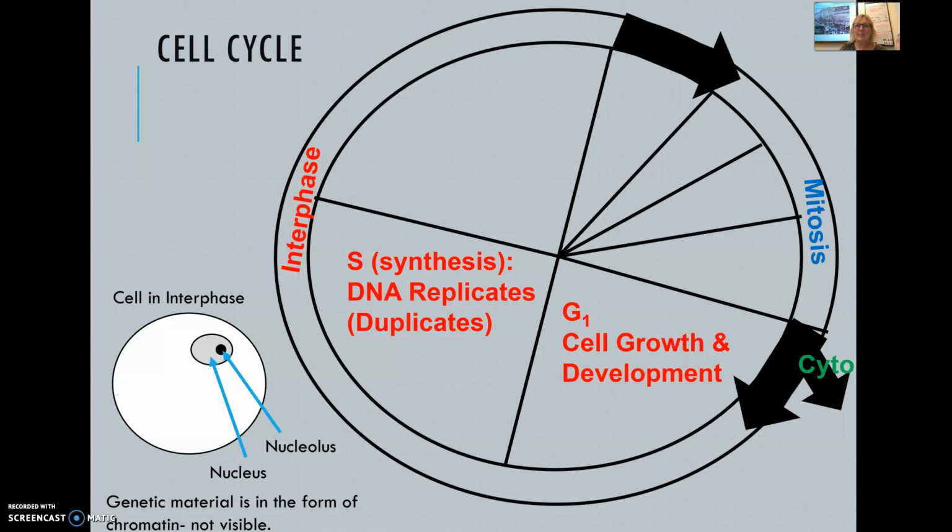So it's making copies. And then we go into G2, and this is where the cell makes more organelles and all the other cellular material that it's going to need to provide for two cells. This would be a good place to pause in case people get a little bit behind.